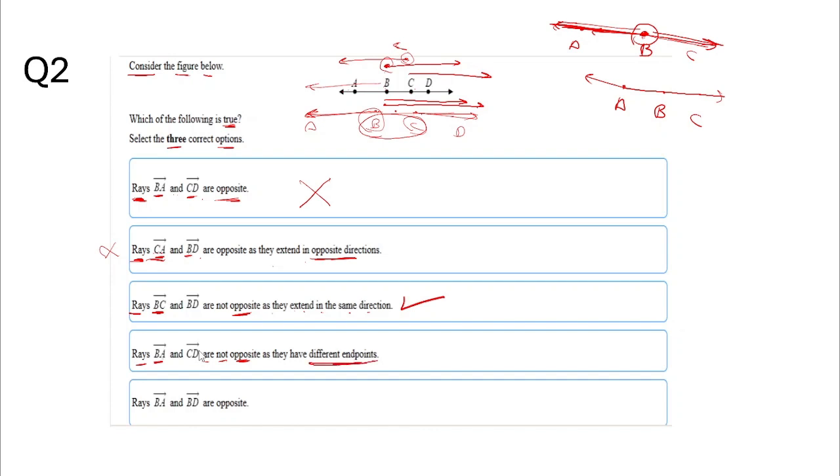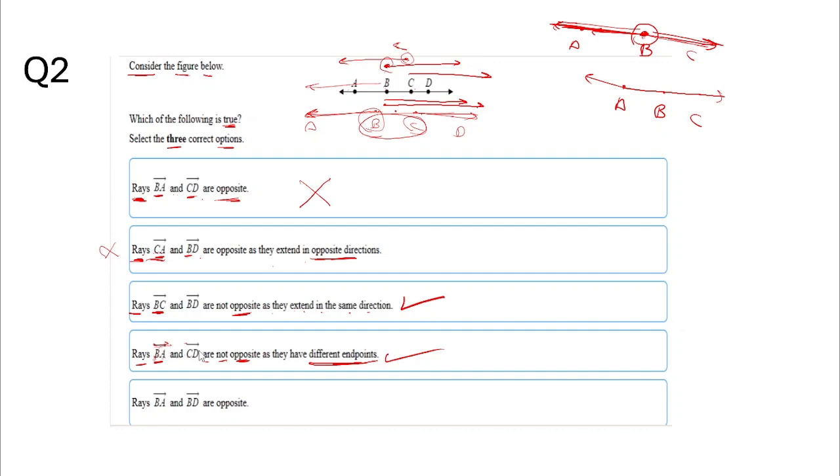For PA, the endpoint is B. This is the point, and the arrowhead is here. That ray starts from B and moves to A. And here the endpoint is C and it moves to D. That means they don't have the same endpoint, which is the right answer.